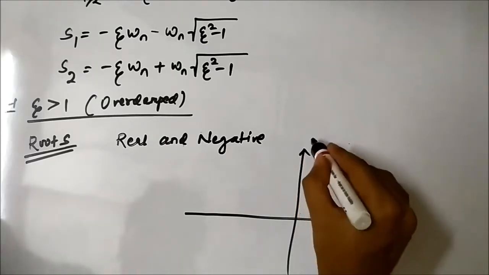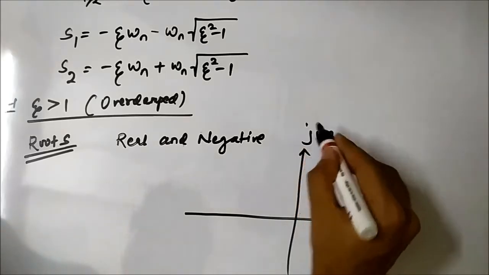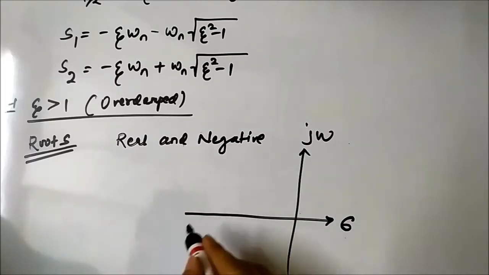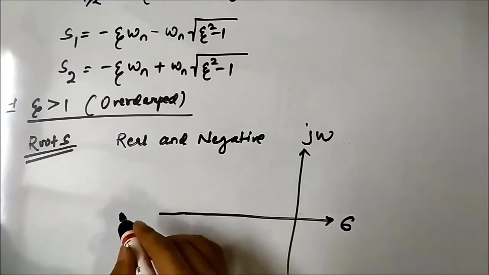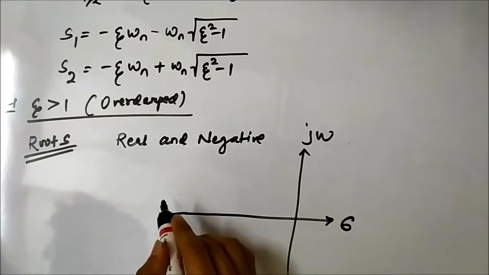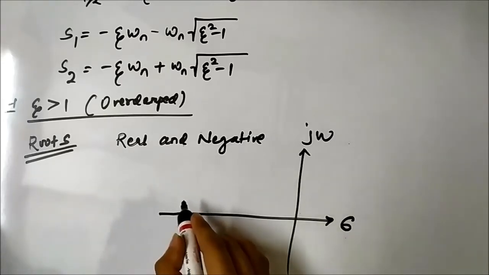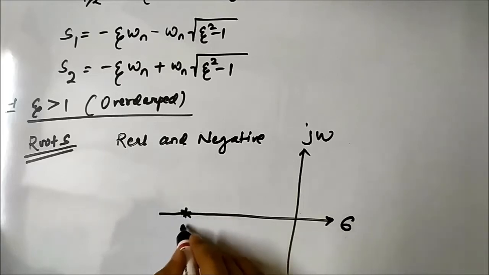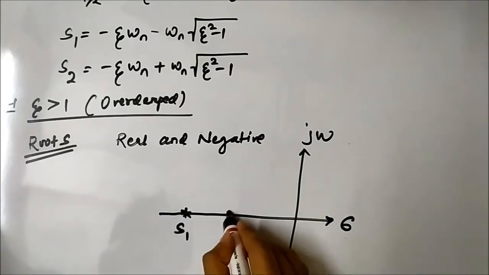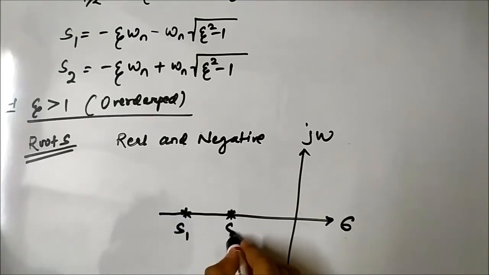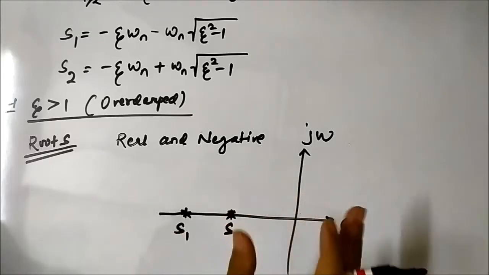Okay, sigma j omega. Okay, so obviously the S1 will have a higher negative magnitude and S2 have a lower magnitude.